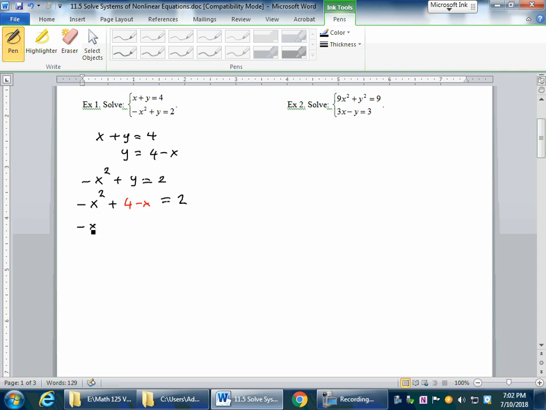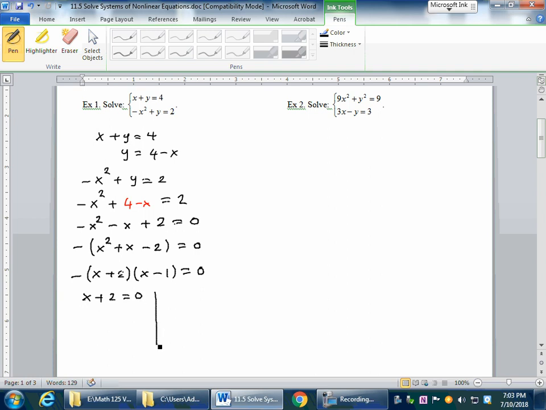Negative x squared minus x plus 2 equals 0, since you subtract 2 from both sides. Factor the negative out, so it will be x squared plus x minus 2 equals 0, which factors as negative times x plus 2 times x minus 1 equals 0. Using the zero factor property, x plus 2 equals 0 and x minus 1 equals 0. So we got x equals negative 2 and x equals 1.